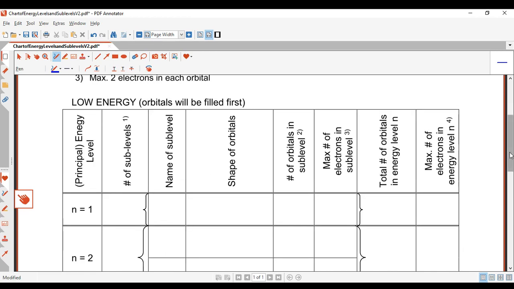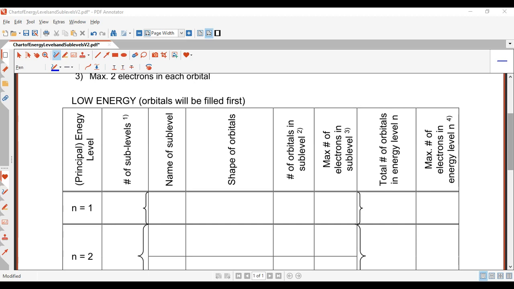So remember, the first quantum number we went over is the energy level number, and that's symbolized by N. And remember, the values for L, or the number of sublevels, are dependent on N. So when N is equal to 1, there's only one possible value for L. So there's actually only one sublevel in energy level 1.